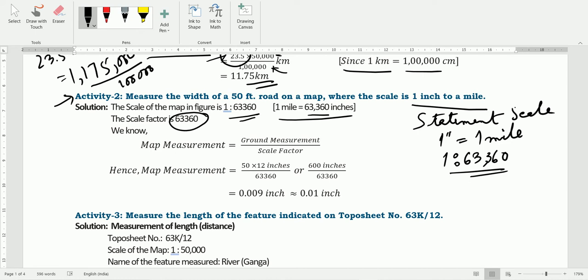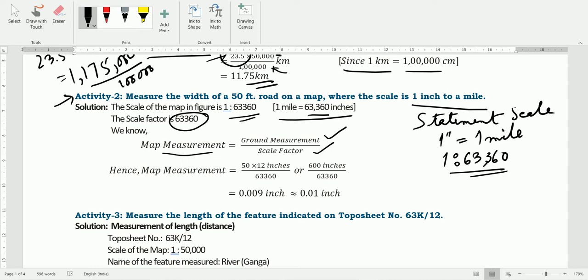And we have the formula to find the map measurement, to find the distance on the map. So the formula is ground measurement divided by scale factor. To convert the ground distance into map distance, we have to divide the ground distance by the scale factor.